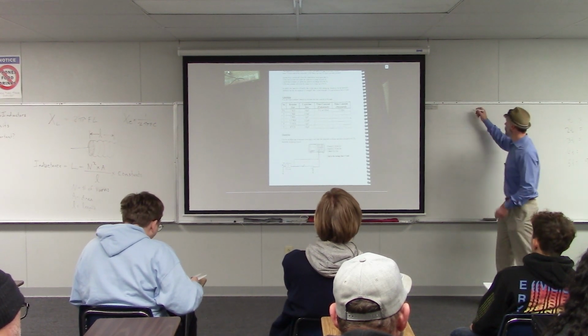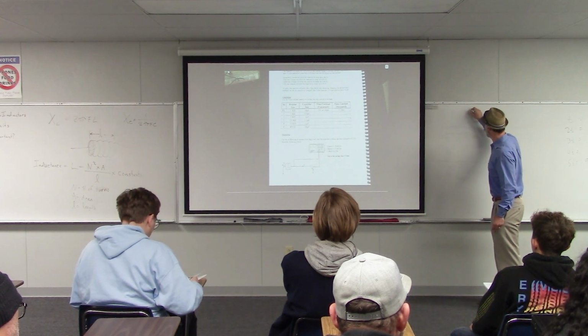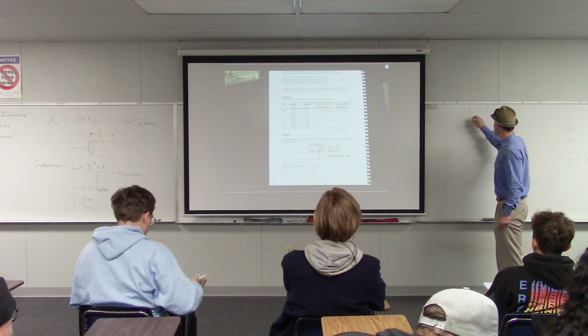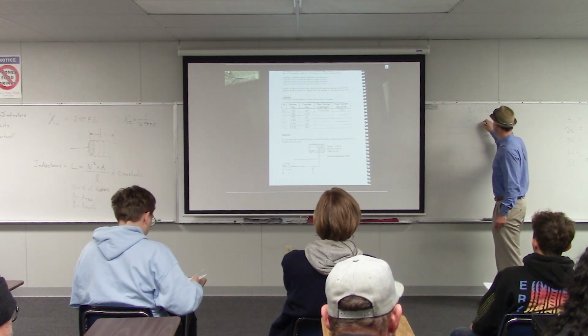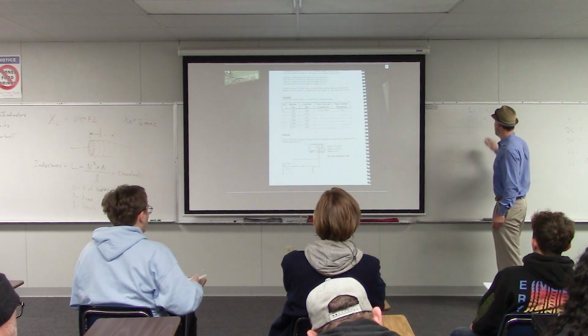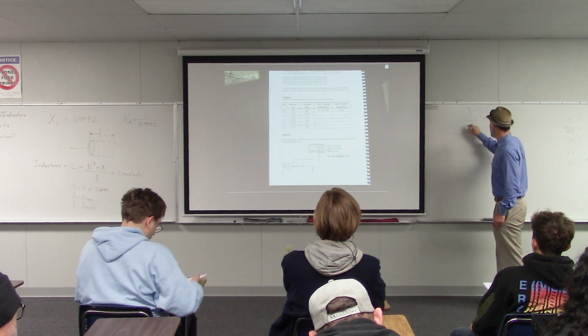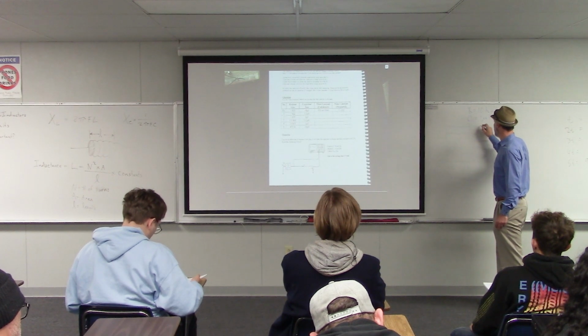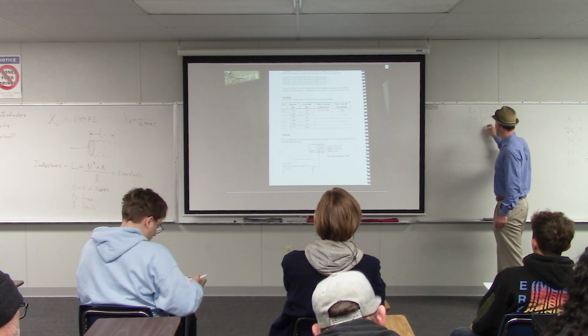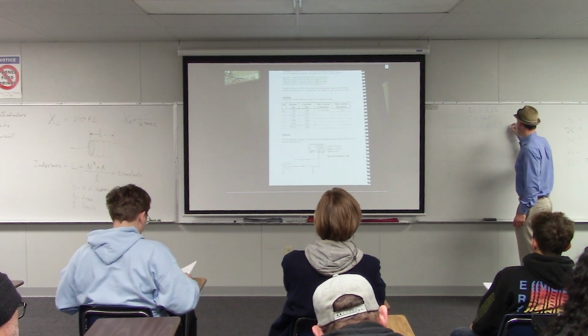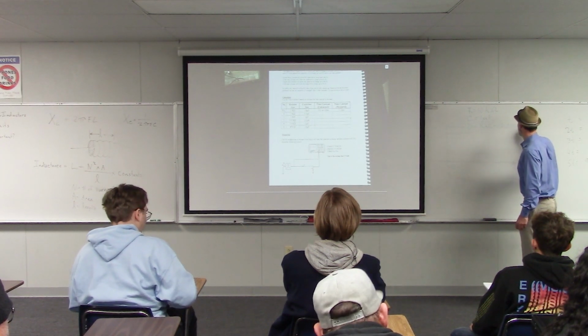So the resistor is 10 kilo ohms. The capacitor is 1 microfarad. So tau, the time constant, is R times C, so that's 10,000 ohms.